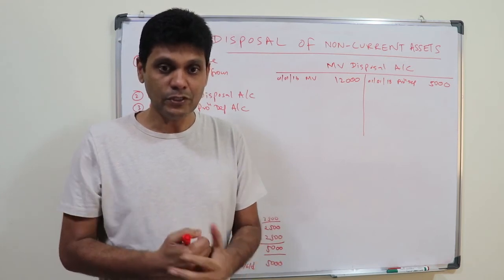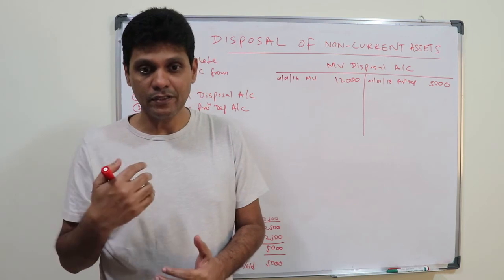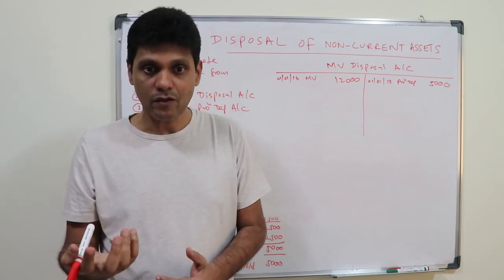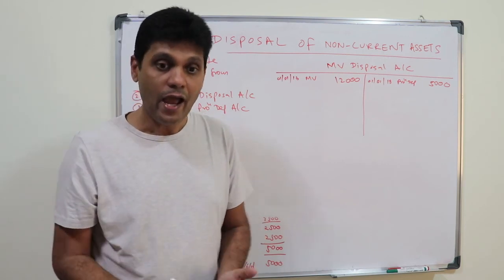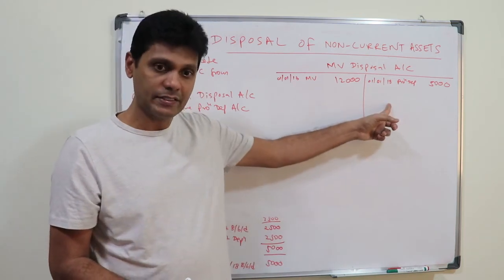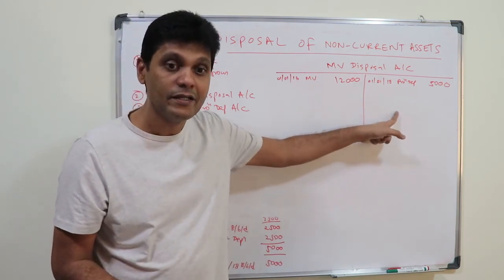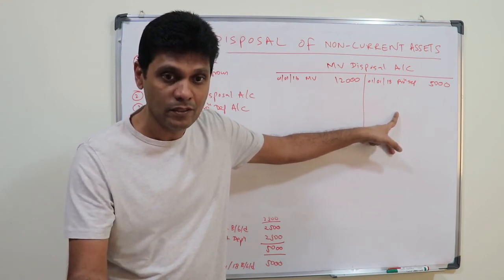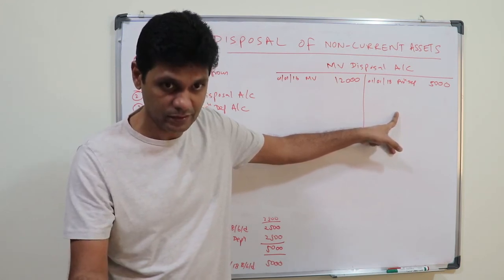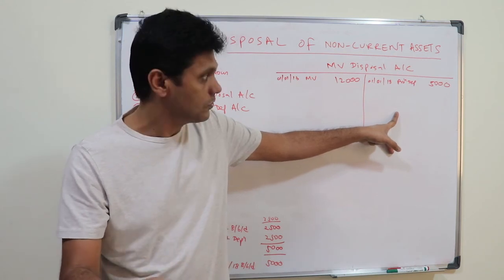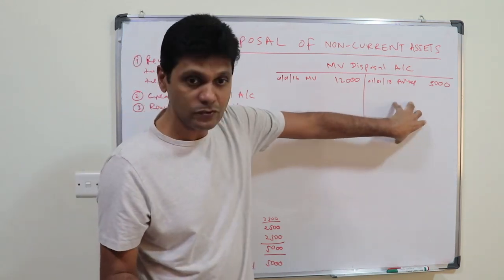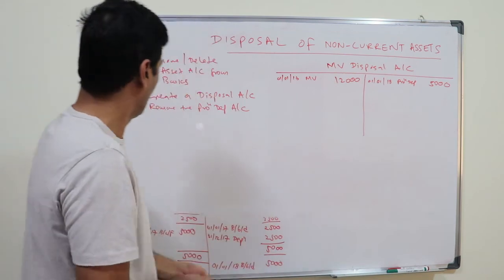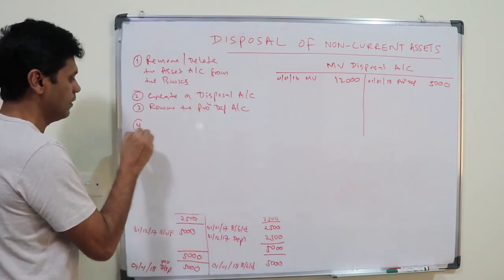You are receiving cash. So when you receive cash, where will you debit? The cash account or the bank account. And where will you credit? The disposal account. It's an income, no? Yes, sales. Wait, I'll show you. 7,500. So what is the fourth step?